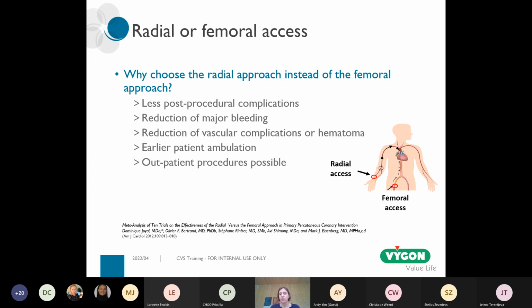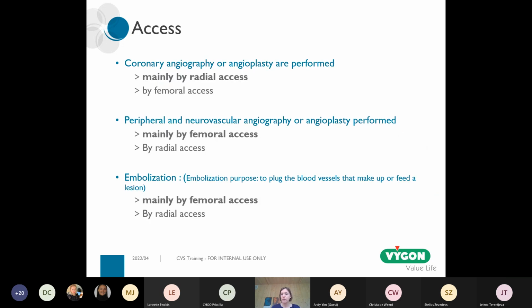The patient can have an earlier ambulation, and outpatient procedures are possible. That's why coronary angiography and angioplasty are performed mainly by radial access, but some are made by femoral access if it's impossible to have a radial access.